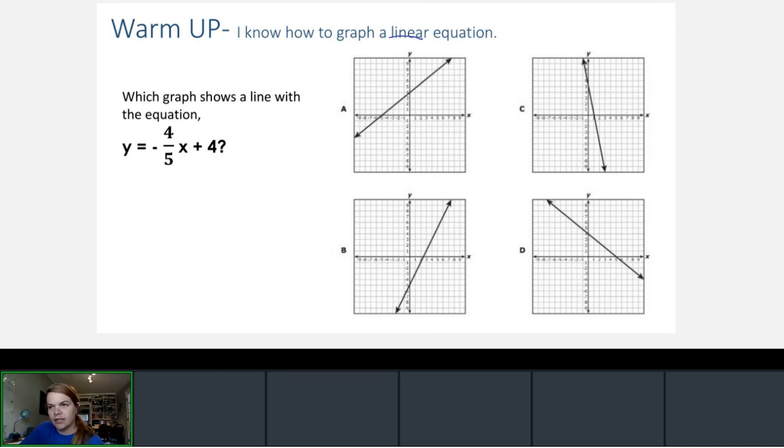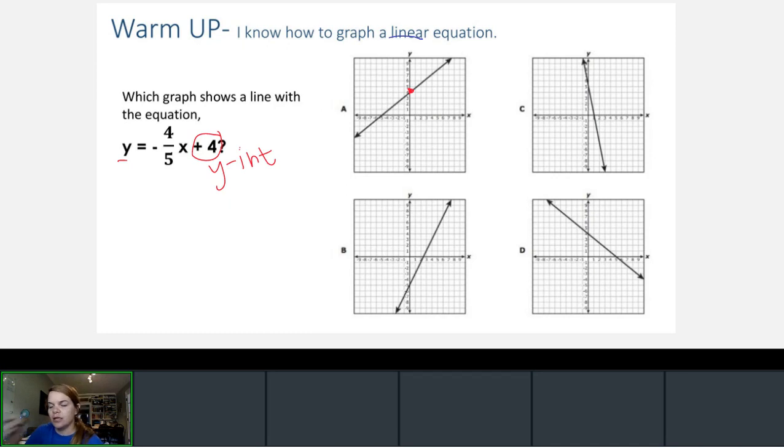If y is by itself, which it is over here, the constant, the number without a variable at the end, is our y-intercept. Sometimes it can be flipped around and be at the beginning, but it's the number without the variable. In this case, our y-intercept is positive 4. So I would come over on my graph and put a point at positive 4.